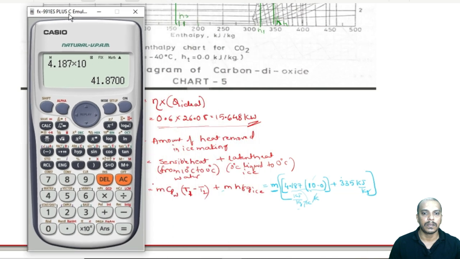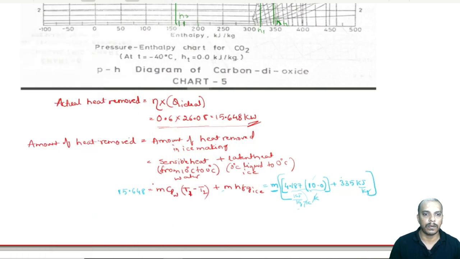So the first term is 41.87, the mass is there as a common factor, and this is 335.